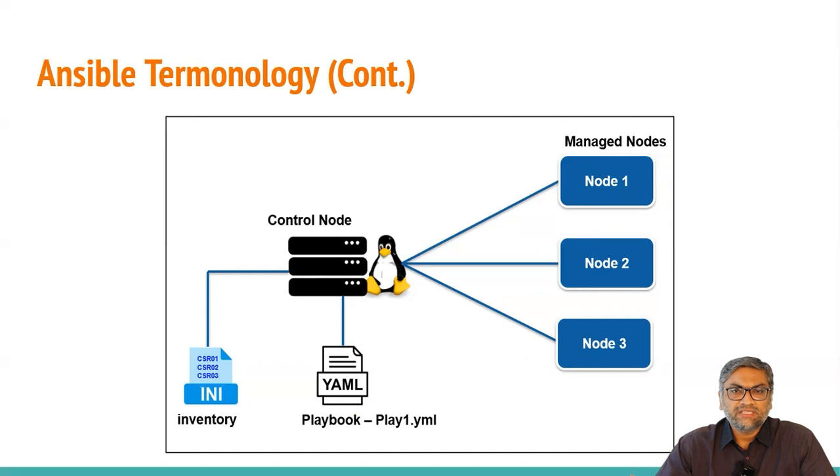This inventory file is created as an INI file, initialization format. Then we have YAML, a data serialization format similar to XML or JSON. We write playbooks, or Ansible scripts, in YAML format. These are primarily the instructions, what automation tasks are to be carried out on the target systems.